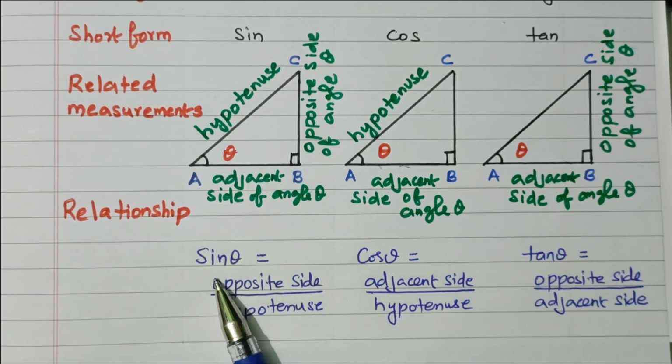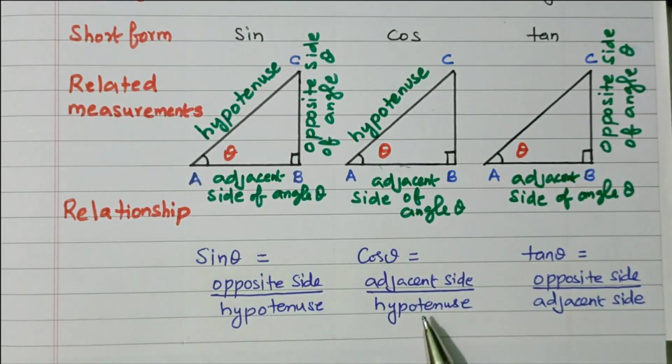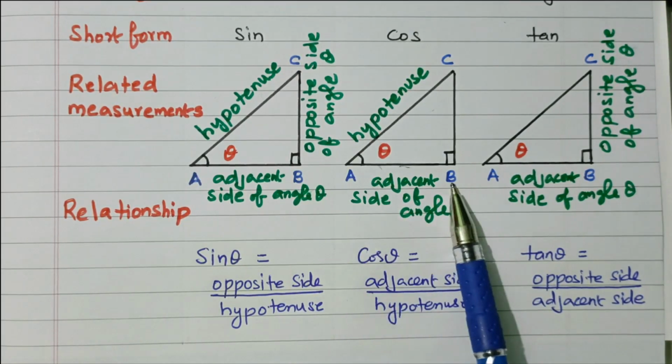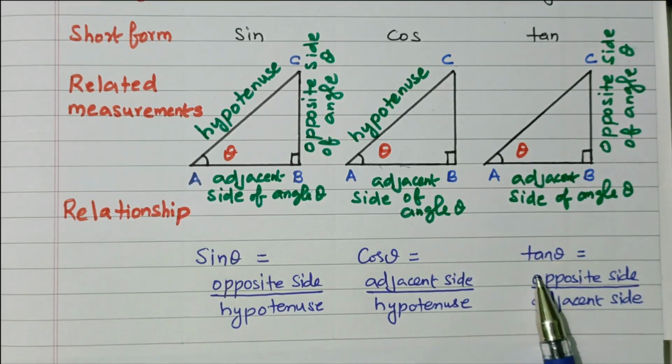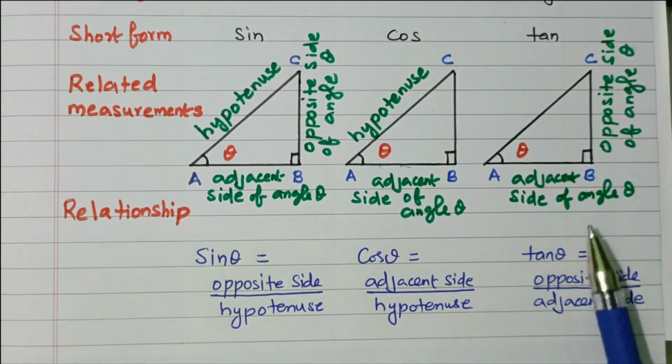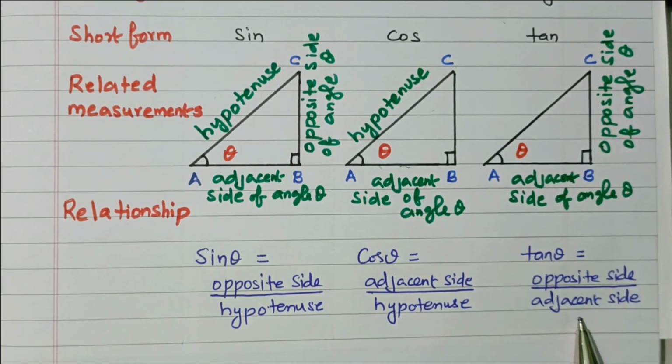Similarly cos theta means adjacent side by hypotenuse, AB divided by AC. Then tan theta is opposite side by adjacent side, BC divided by AB. These are the three very basic formulas.